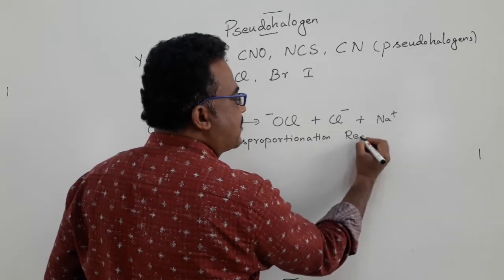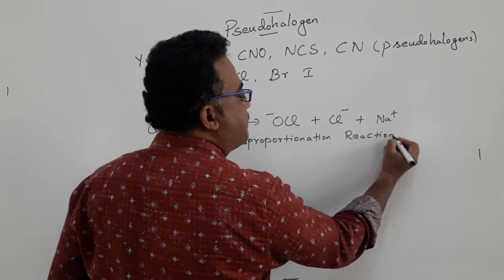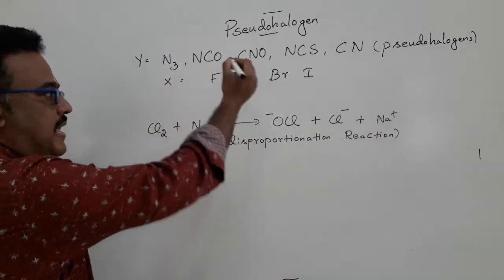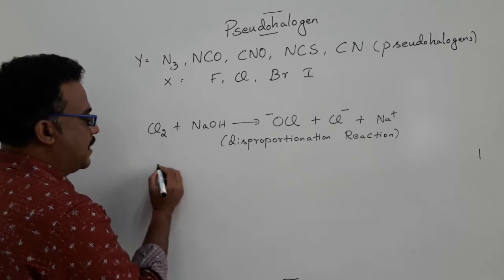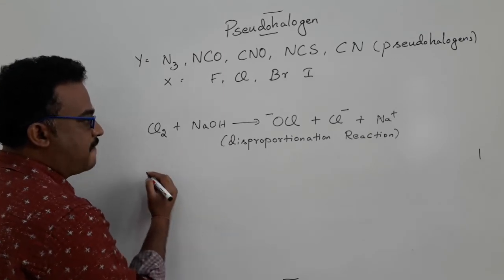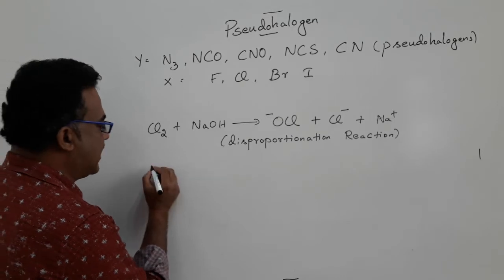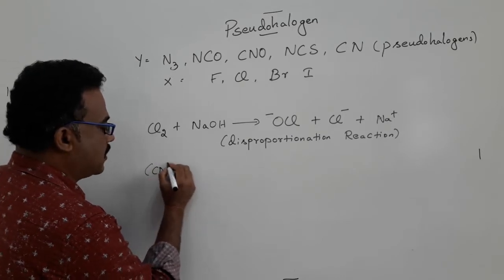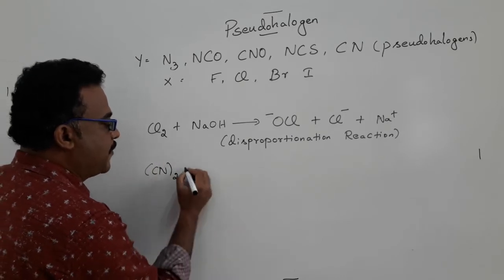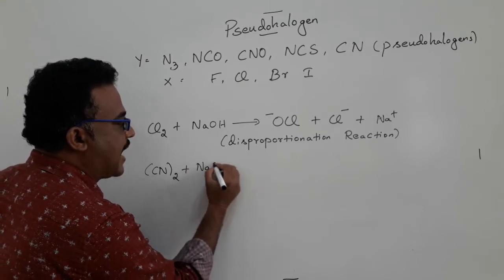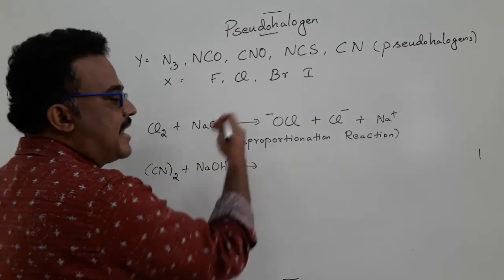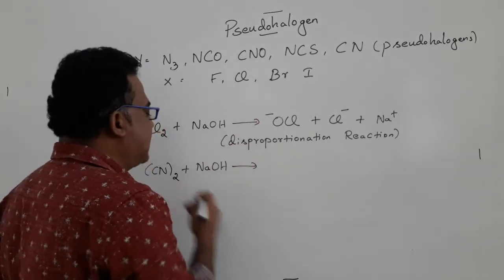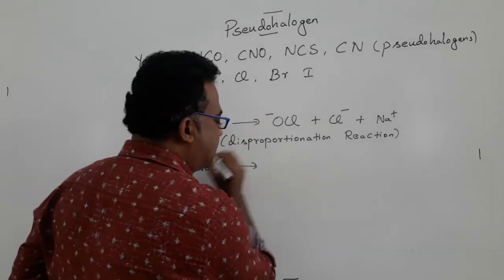Similar type of reaction can also be observed with the inorganic ambidentate molecules. For example, if you take cyanogen, (CN)2, and react it with sodium hydroxide, it will behave in a similar way to the halogens.